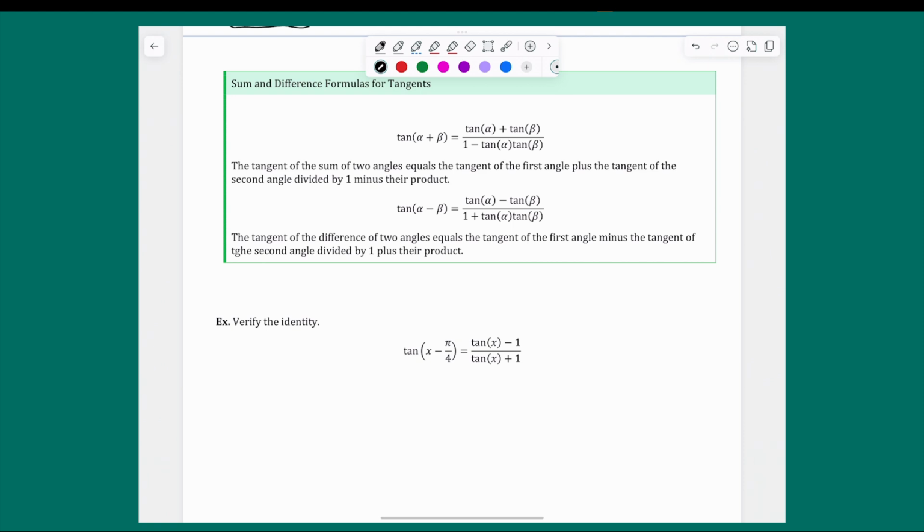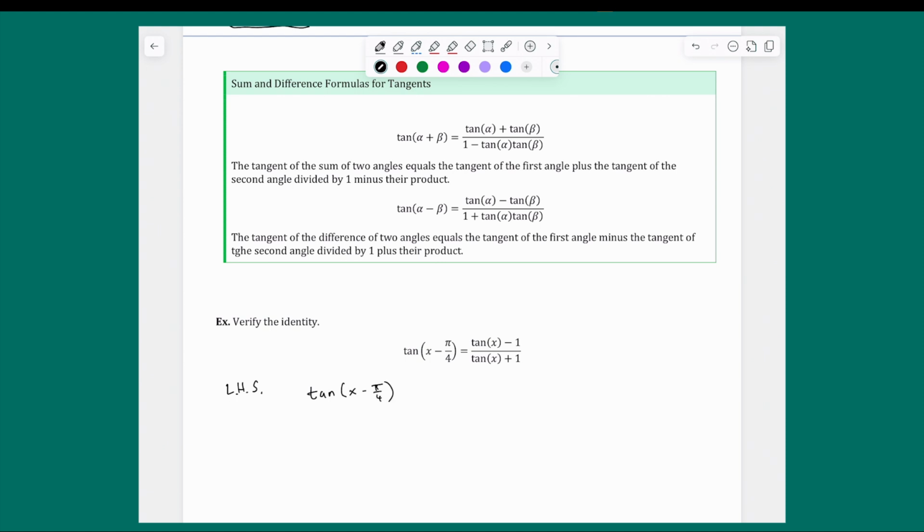So we're asked to verify the identity, so we'll take the left-hand side, since we definitely have a difference of two angles there, and somehow have to get rid of the pi over 4 to get just tangent of x. So I'm assuming that we need to work with the left-hand side and apply the difference of angles formula for tangent. And so we'll take tangent of x minus pi over 4.